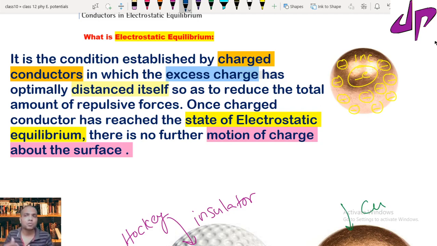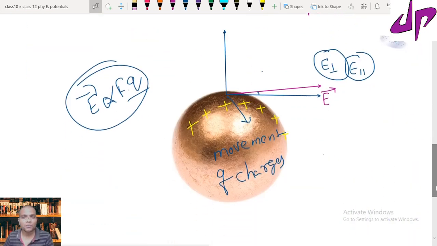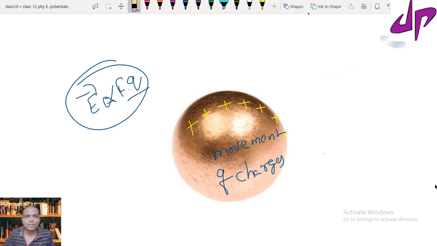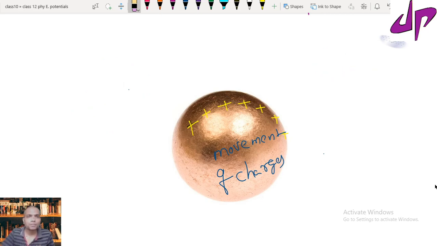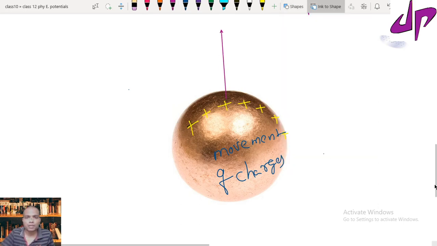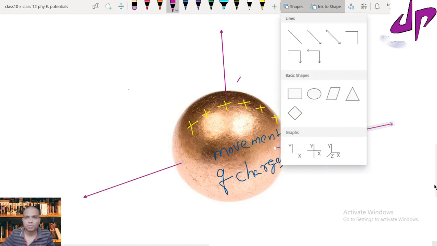That property is violated if the electric field component is not exactly perpendicular to the surface. So we will treat the electric field as always perpendicular to the conducting surface. That's why we draw the electric field lines this way for a conducting surface, so they are directed outward from a conducting sphere.